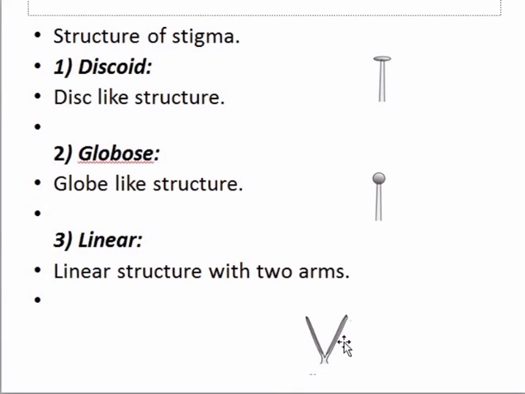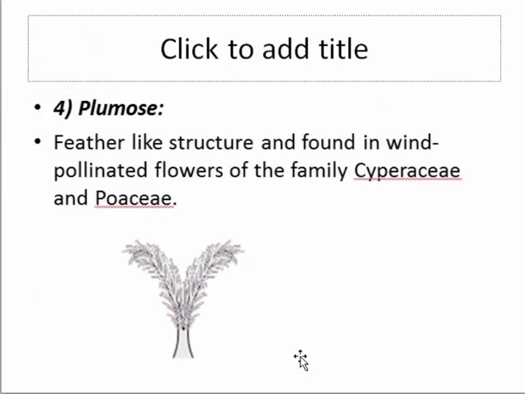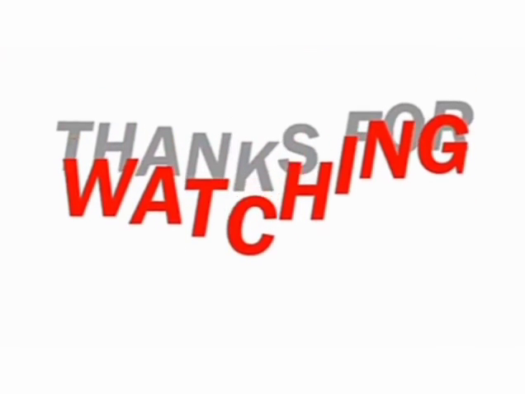Linear: here the stigma is divided into two fronds or arms, each with a linear structure. Plumose, feather-like structure, found in wind-pollinated flowers of the families Cyperaceae and Poaceae. Here the stigma is divided into two arms that appear like feathers.